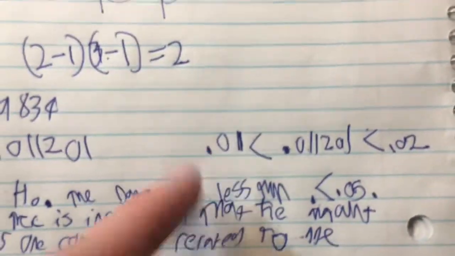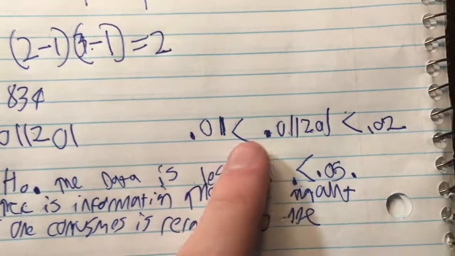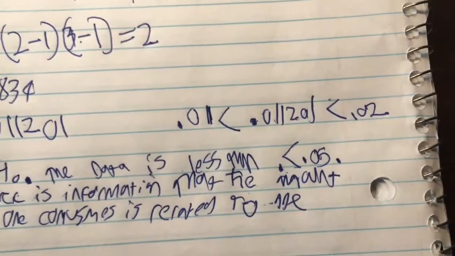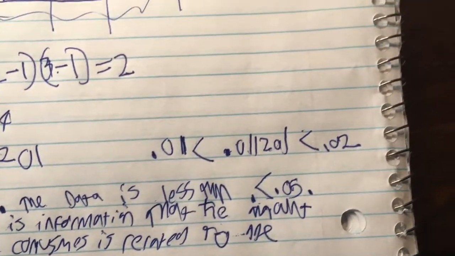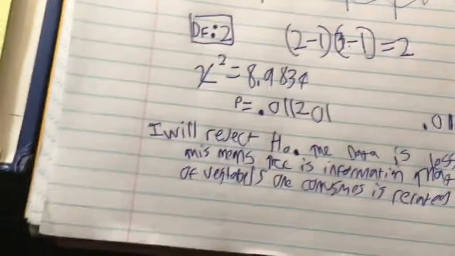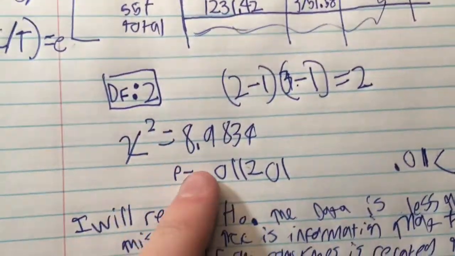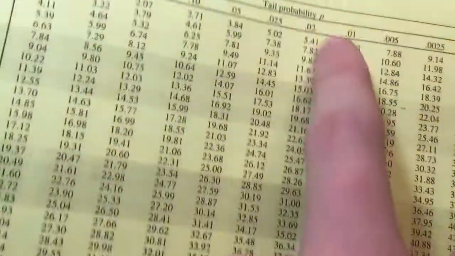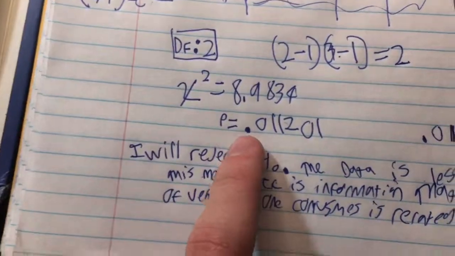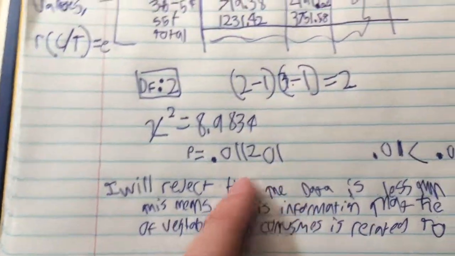So 0.01 is less than the p-value, which is less than 0.02. The exact number that was actually in between these two was 0.01121201. I went back and put it through a calculator. So that is our p-value.